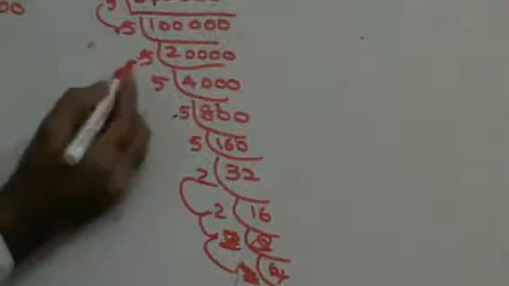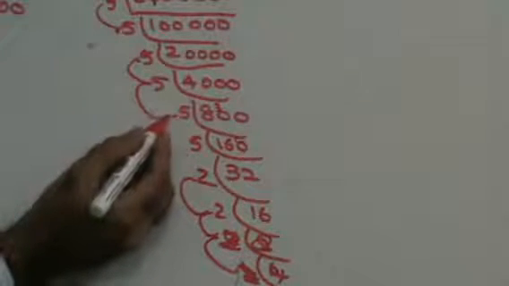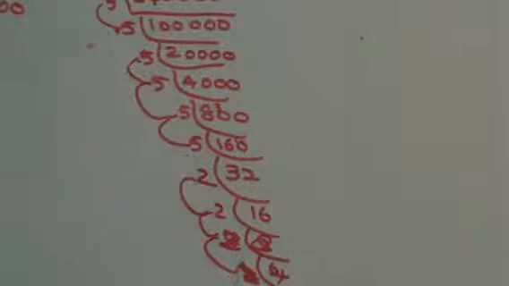And 5 5s are 25, 25 5s are 125, 125 5s are 625, 625 into 2 is 1250. Right? No. Have we done all calculations correctly?